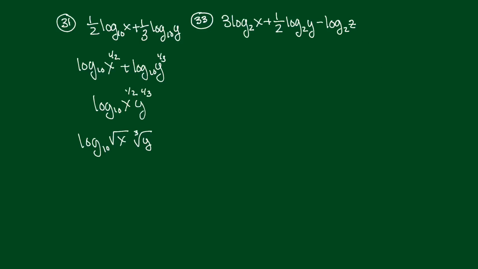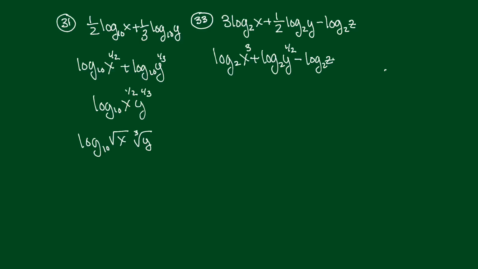So first thing to do is, why don't we bring these multipliers up as exponents? So we can write this as log base 2 of x cubed plus log base 2 of y to the 1/2 minus, now no multiplier out here, just log base 2 of z.